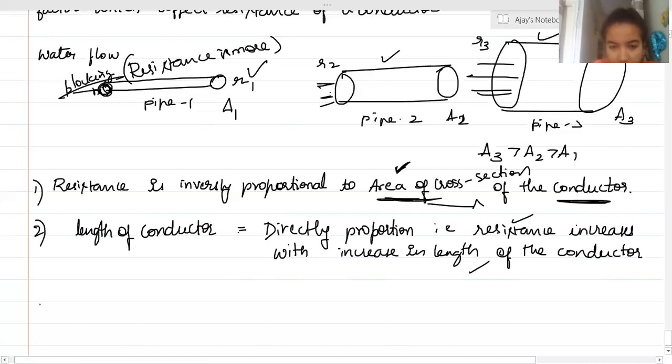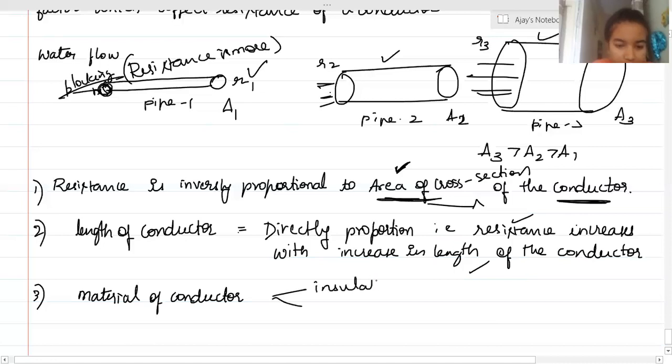Third one, it depends upon material. If it is an insulator, what will be the resistance? More. Conductor, less. So it depends upon the material also.